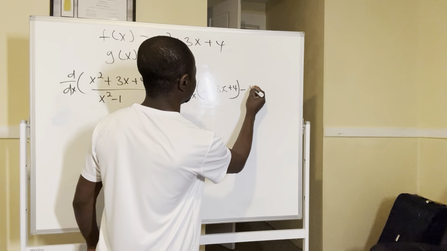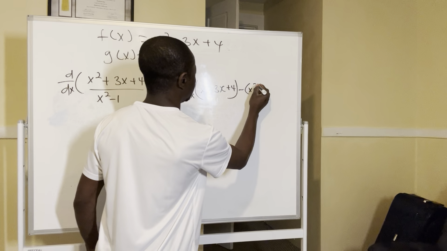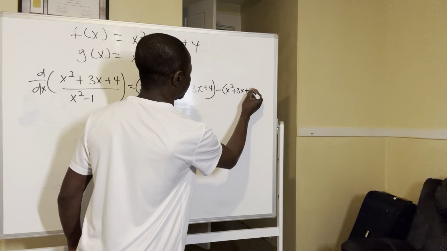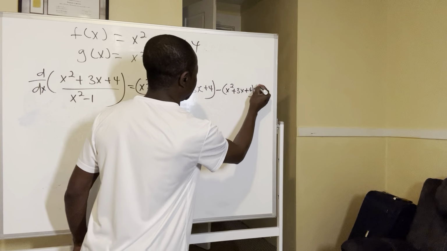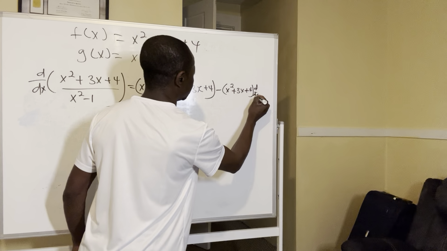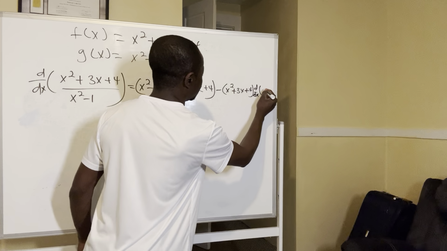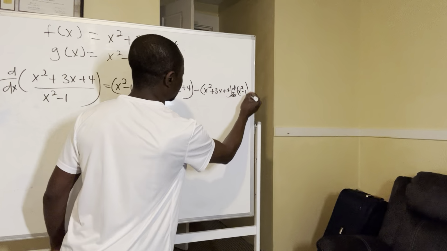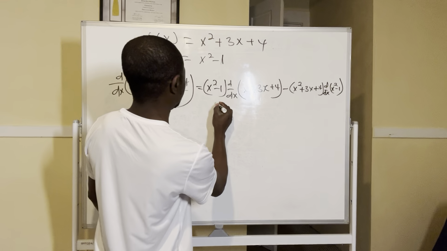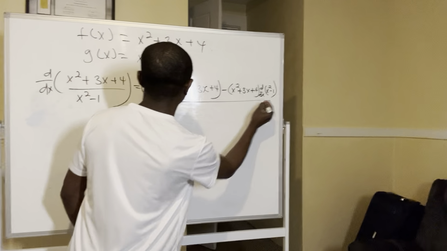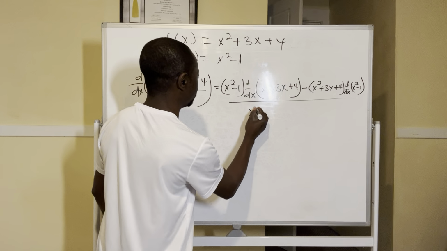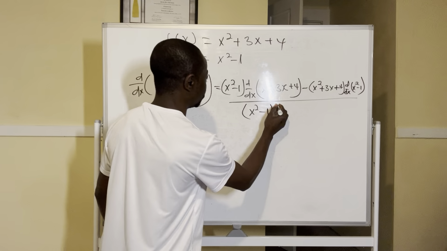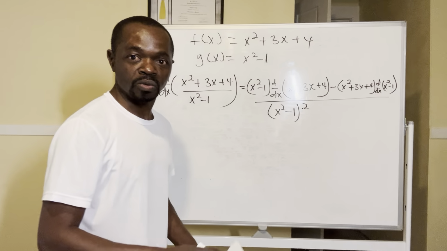So our f of x is x squared plus 3x plus 4. Then we differentiate our g of x, which is x squared minus 1. Then all over our x squared minus 1, that is our g of x, all raised to the power 2.